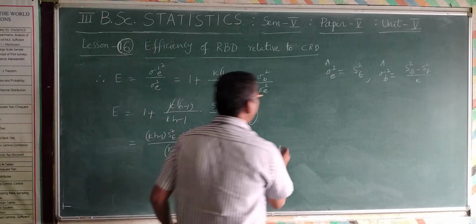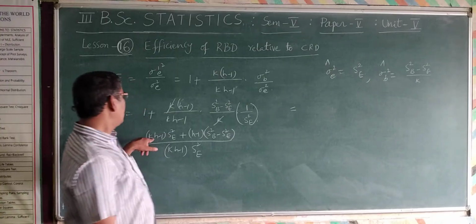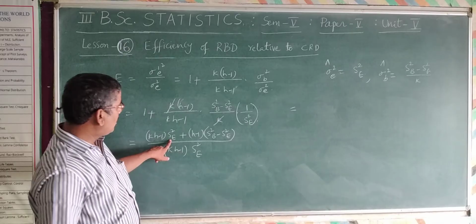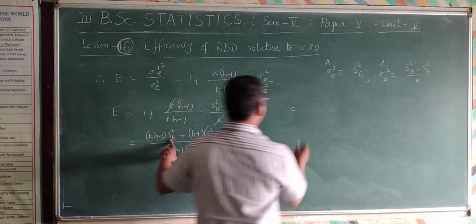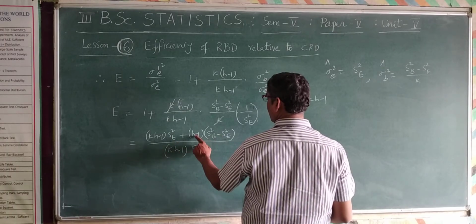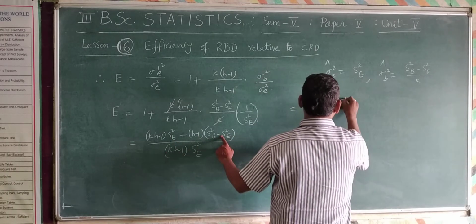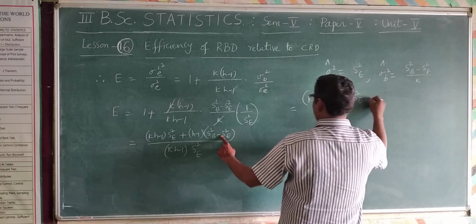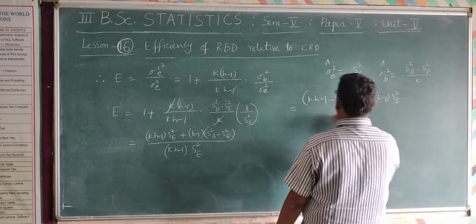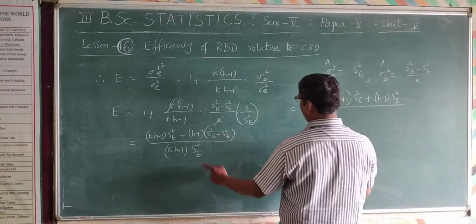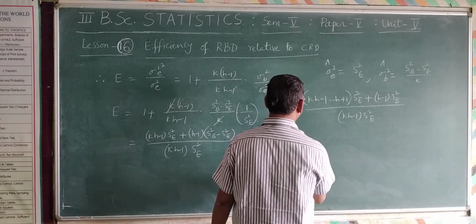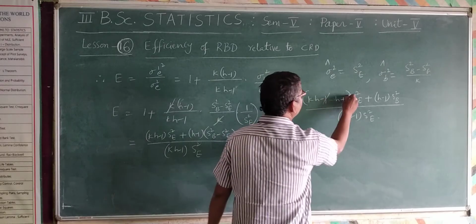Now it is equivalent to, I do here, KH minus 1 S square E, S square E also here. So I am adding all the terms. KH minus 1, minus of H minus 1, that is minus H plus 1, into S square E plus H minus 1 into S square B, divided by KH minus 1 into S square E. Therefore it is equivalent to, now minus 1 plus 1 will get cancelled.